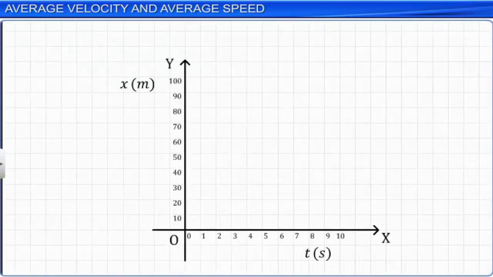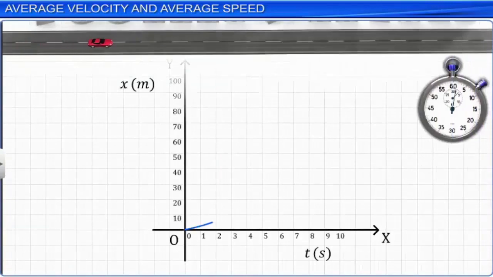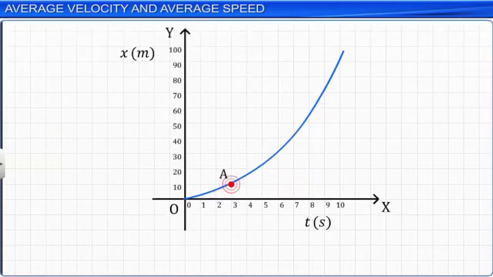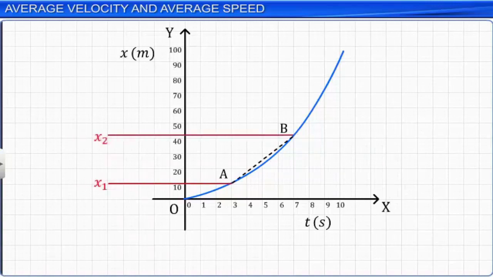A body starts at the origin and travels through a certain distance x meters in time t seconds. Let us mark two points A and B on the graph obtained. Let us study the motion of the body from point A to point B in detail. x1 and x2 are the positions of the body at time t1 and t2 respectively.